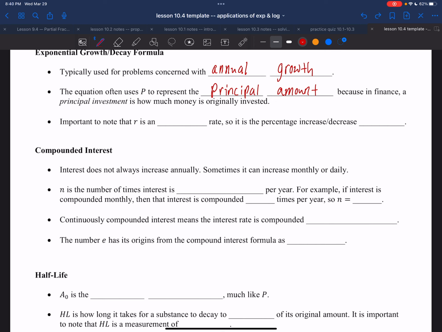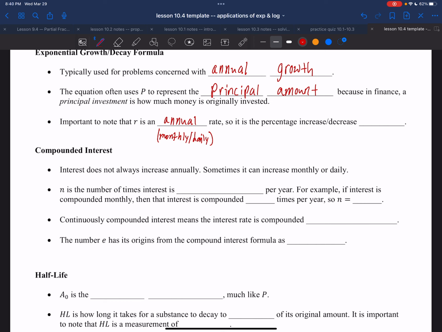It's important to note that R is our annual growth rate. Okay? So it doesn't have to be. It could be daily, right? You could say monthly. You could say daily. And this would be acceptable. But more often than not, it's usually annual.